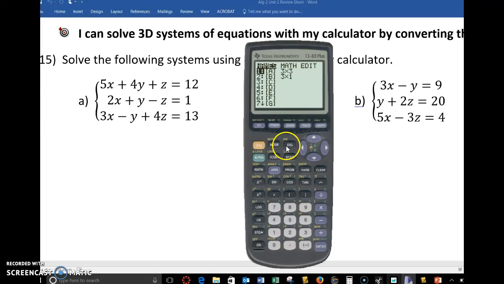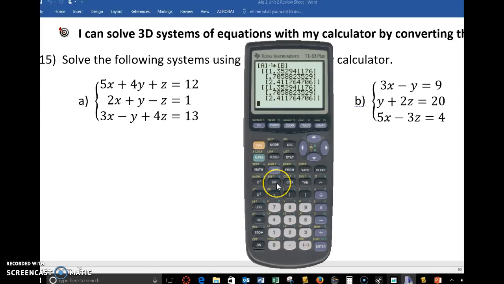Oops, let me go back and do that again. I'm just going to click that without pressing second. So there's the inverse of A, and I'm going to multiply that times matrix B. I'll go back to second matrix and scroll down to matrix B. The inverse of A times B, when I click enter, gives my answers.